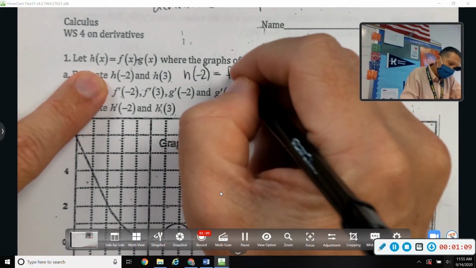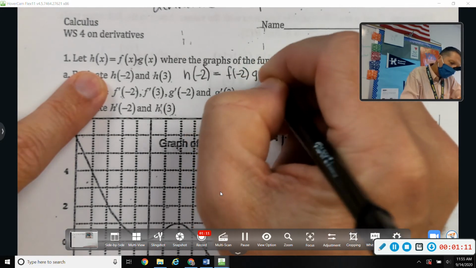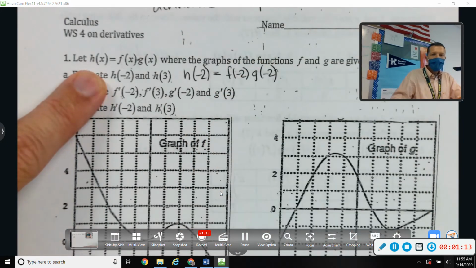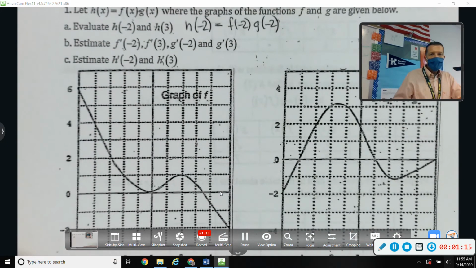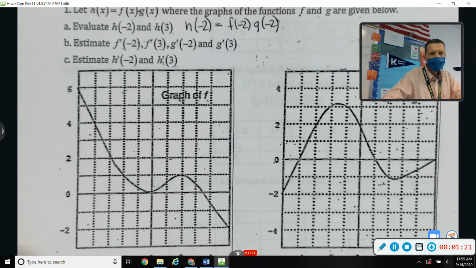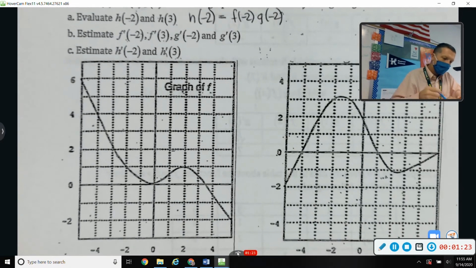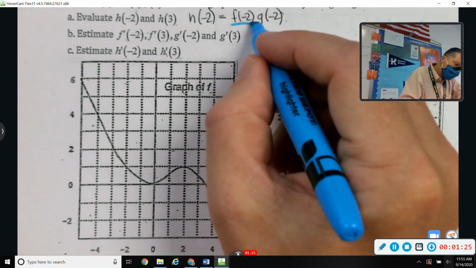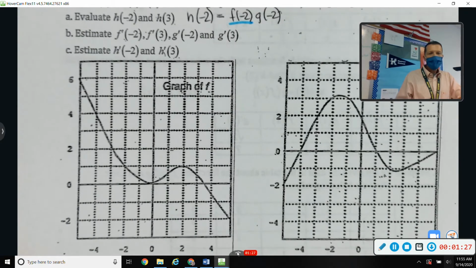So h of negative 2, well, it told me what h is. It's f of negative 2 times g of negative 2. Well, how am I supposed to know what f of negative 2 is? Well, how about we look at the graph? So here's the graph of f. What's f of negative 2?